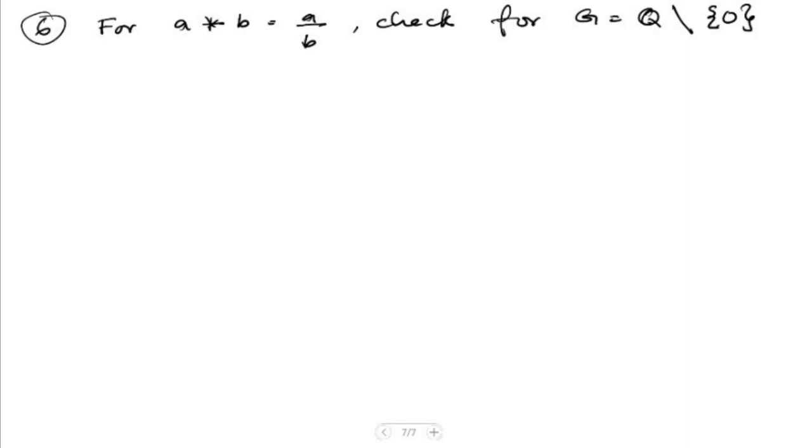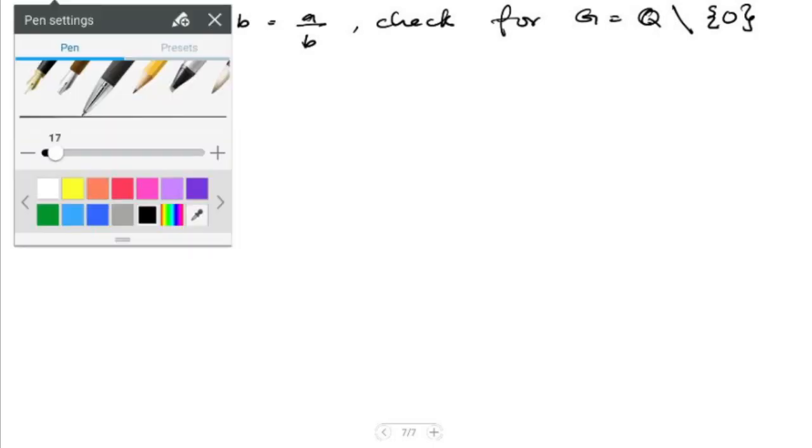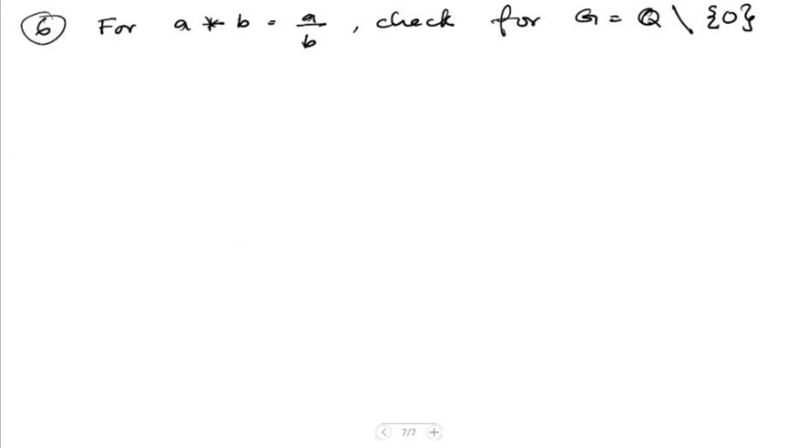But then here we are saying that the set g is the set of rational numbers excluding 0, so 0 is not included in this set now. So for this case, yes, if we cannot choose the number b as 0, in that case any fractions are elements of the rational numbers, right? So the answer for this particular one will be yes. So the answer here is yes, it is closed under the operation.